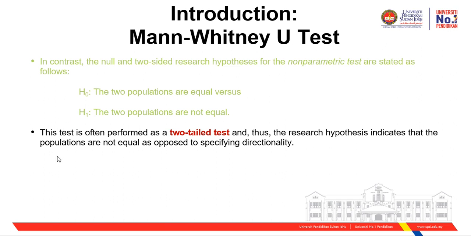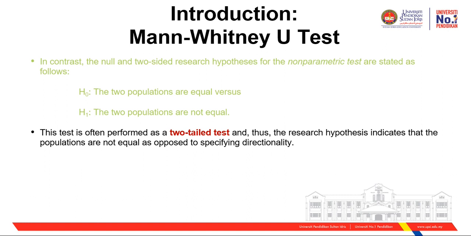This Mann-Whitney test is often performed as a two-tailed test, or two-sided test. The hypothesis indicates that the populations are not equal, as opposed to specifying directionality. So the Mann-Whitney test always begins with a two-tailed test, but it depends on the question given.